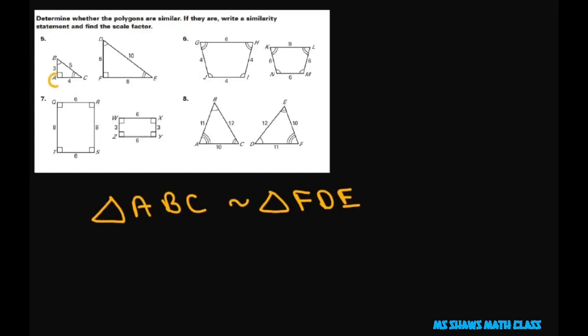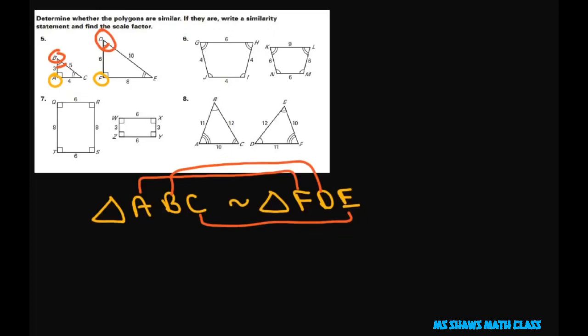So A goes with F and B goes with D. If you just look at the little mark here, and C goes with E, that one. So that's your similarity statement, and they are similar because of the sides.